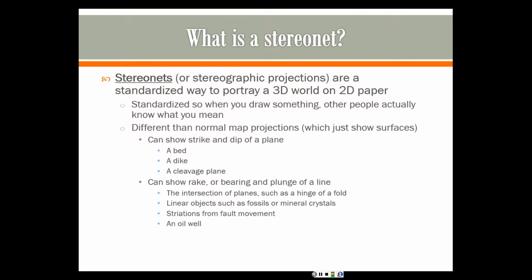We can use it to show a bed, a dike, a cleavage plane, the intersection of planes, like a fold hinge, the linear objects or minerals, striations from fault movement or even glacial movement, or even oil wells. You could map an oil field, all the different oil wells at different angles on one of these, and see if there are patterns or whatever you were trying to see.